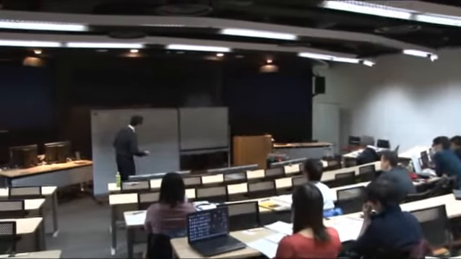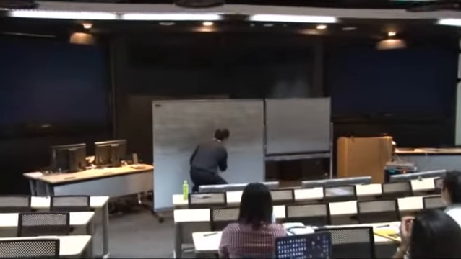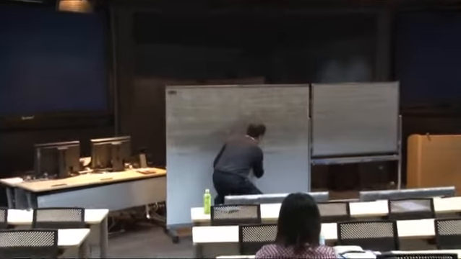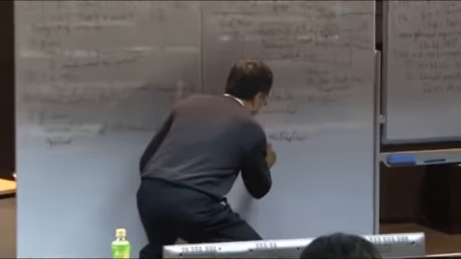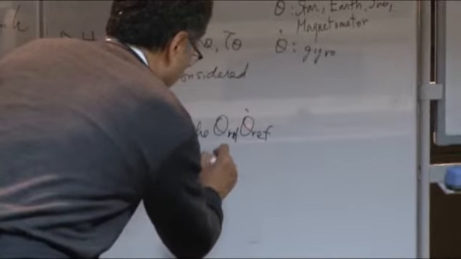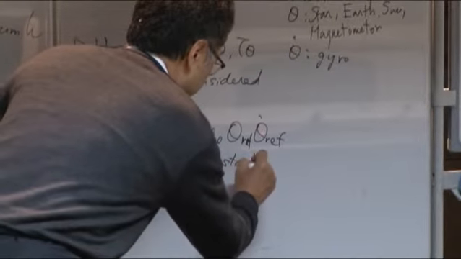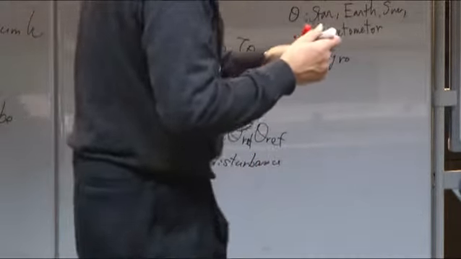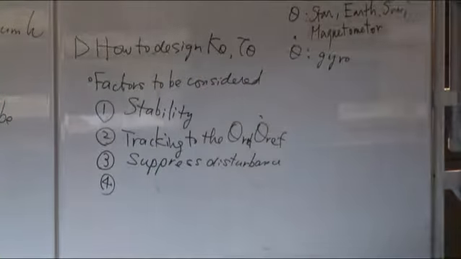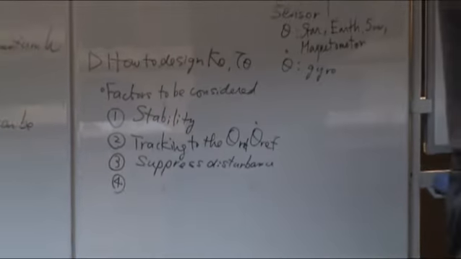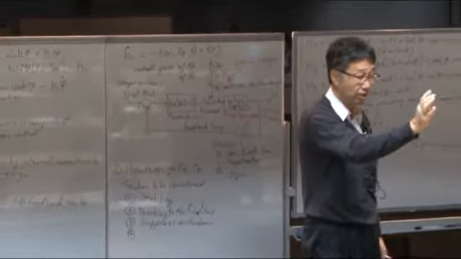Okay. So he's almost right, and we say that we suppress disturbance. Even if there is some disturbance torque, the satellite attitude should be kept almost constant.